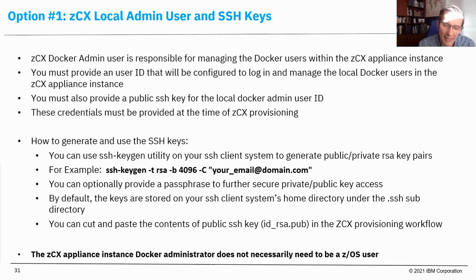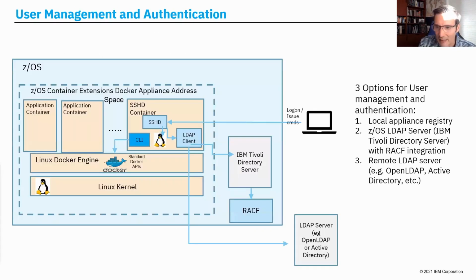At a later point in time, after you have this all set up, you have things defined, you can then dynamically, through a reconfigure workflow, actually enable either option 2 or 3 on the previous page to actually leverage either the Open LDAP or the LDAP server with RACF integration.